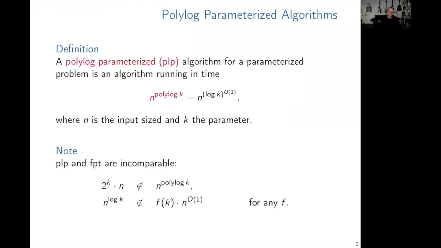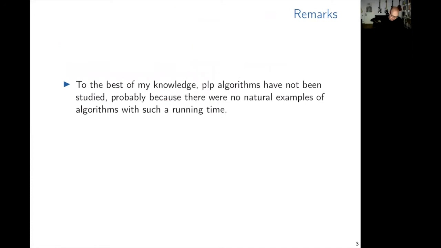What you should note is that this is incomparable with FPT. For example, an FPT time like 2 to the k times n is not in n to the polylog k because it's strictly exponential in k. On the other hand, something like n to the log k is not FPT. So we're really talking about something different.